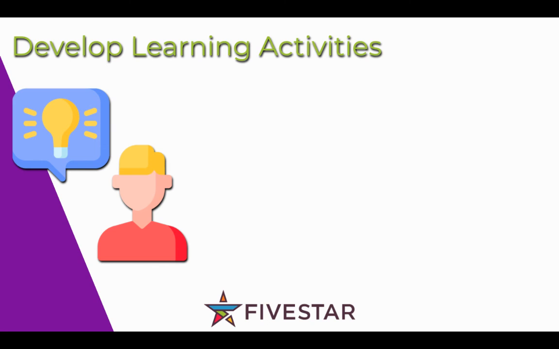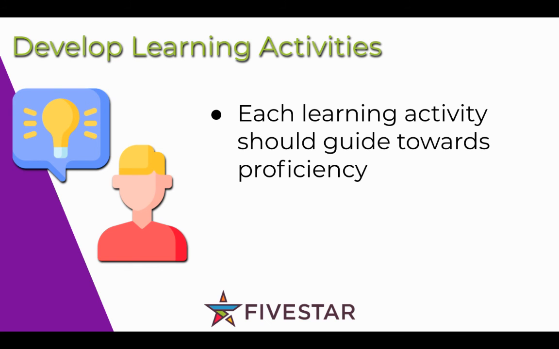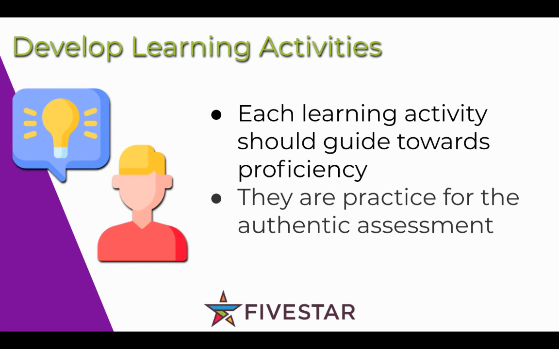And then finally, only then do you start actually developing the learning activities that you're going to do in your classroom. And as I mentioned, each learning activity should point directly towards one line, or hopefully multiple lines, but at the very least 1 line on that rubric that's going to help them reach proficiency in that particular category.